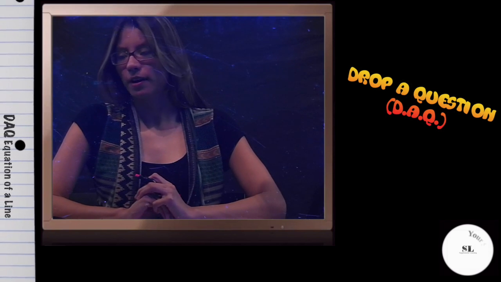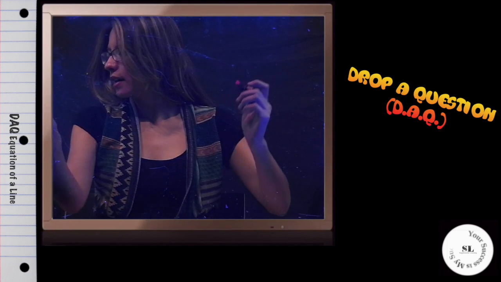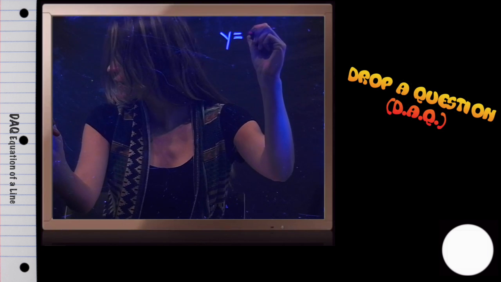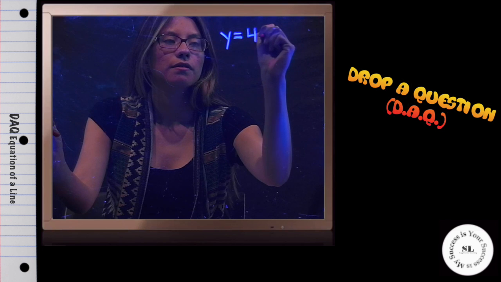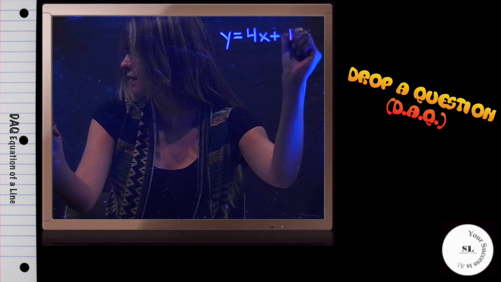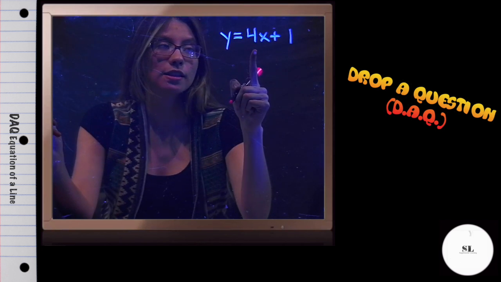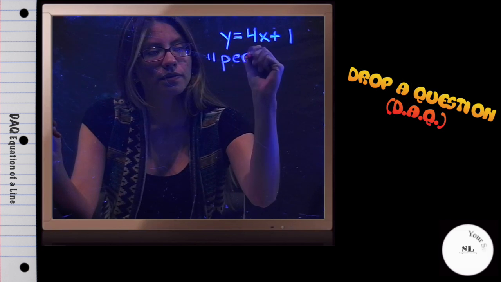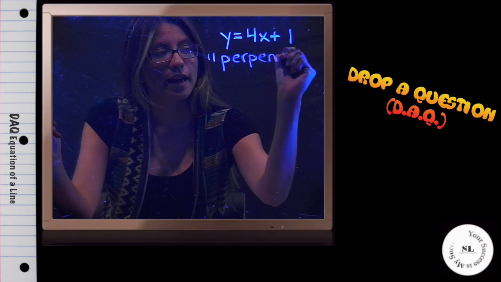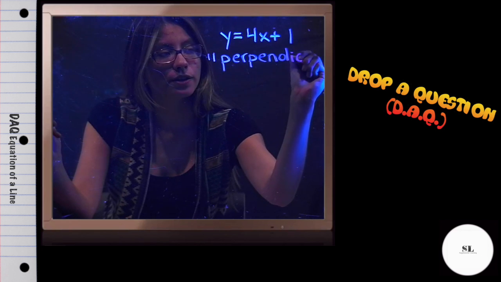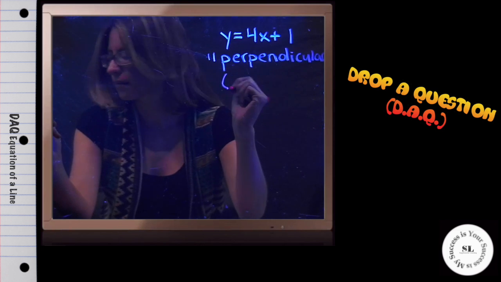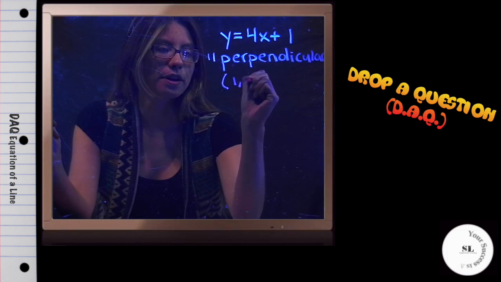So another drop question that we had is finding the equation of a line for the following. So they give us this equation and it says it's perpendicular to that equation and also passes through the point (1, 3).